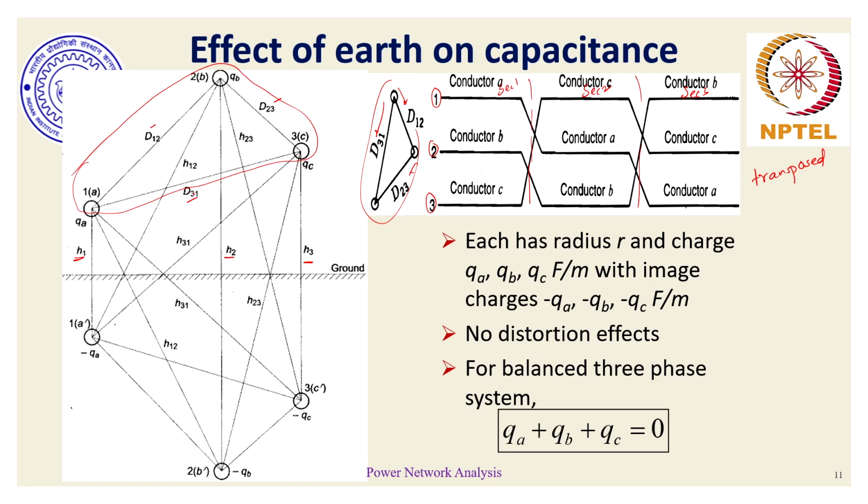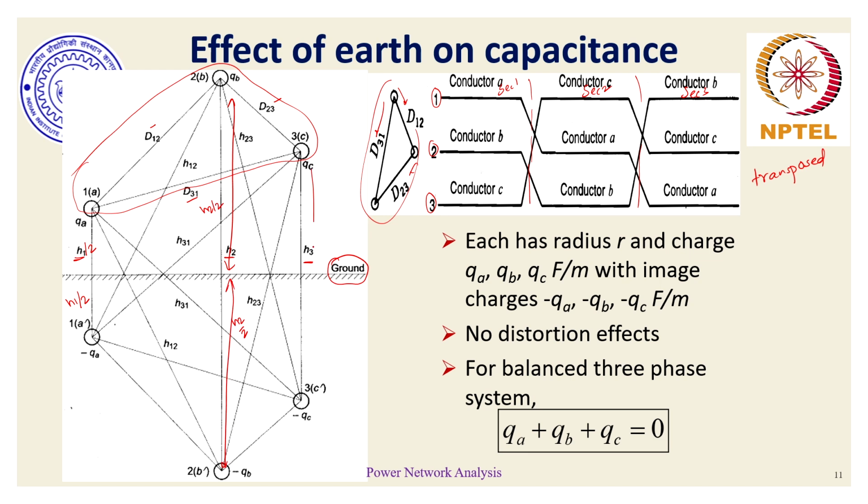Since we have to consider the effect of ground or earth, we are assuming image charges, or negative charges of the same quantum, at a distance below the surface. This has not particularly been shown over here. So if this is h1 by 2, then this distance is also h1 by 2. This distance is h2 by 2, and the image of charges is also at h2 by 2.